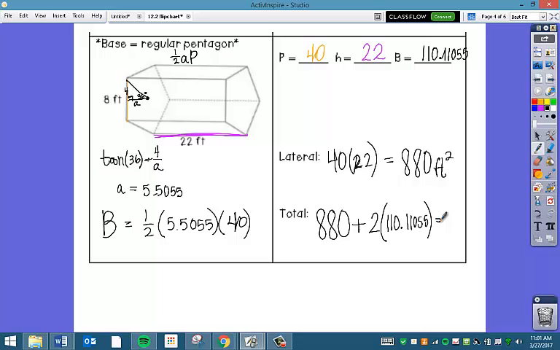And that gives us 1,100.2, and let's just round to the nearest 10, so 1,100.2 feet squared.